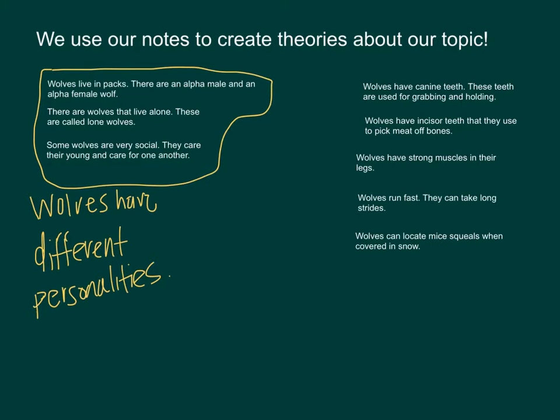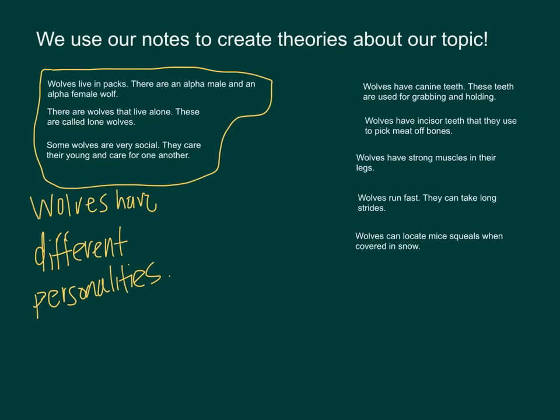So, wolves have canine teeth. These teeth are used for grabbing and holding. Wolves have incisor teeth that they use to pick meat off bones. Wolves have strong muscles in their legs. Wolves run fast. They can take long strides. And finally, wolves can locate mice squeals when covered in snow. Turn and talk to your partner about what these Stop and Jots are telling you.